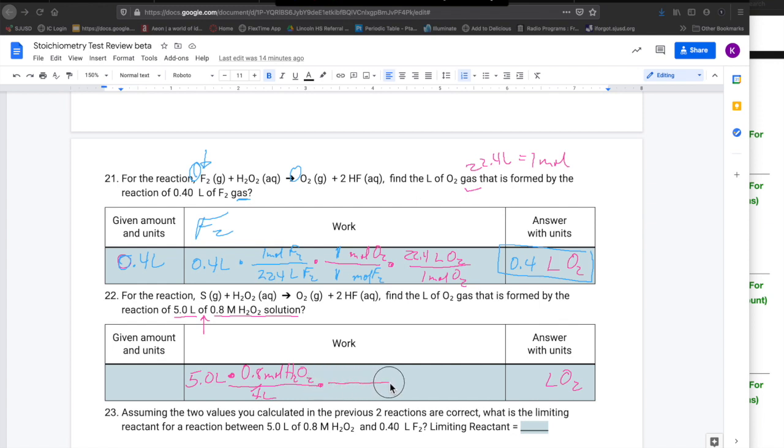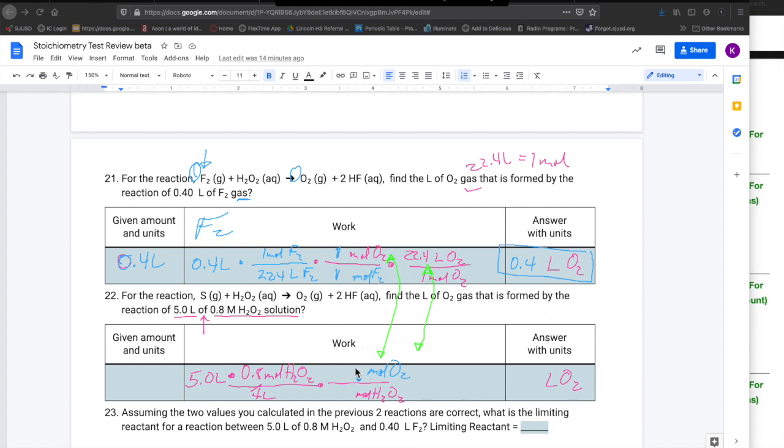Now we got to change from moles of H2O2 into moles of oxygen. And this may not be absolutely apparent, but it turns out that in order to get the same answer, I will need to use the same calculation at the end. The beginning calculation has to be different, but the ending calculation has to be the same.